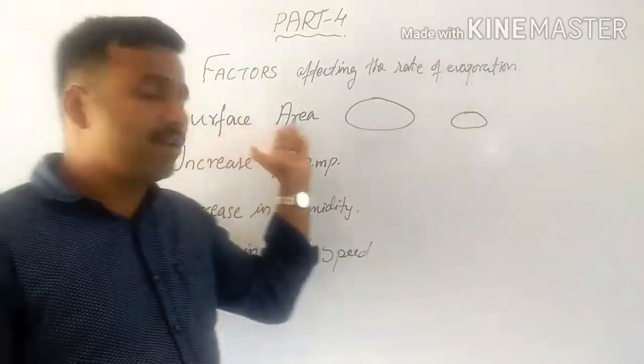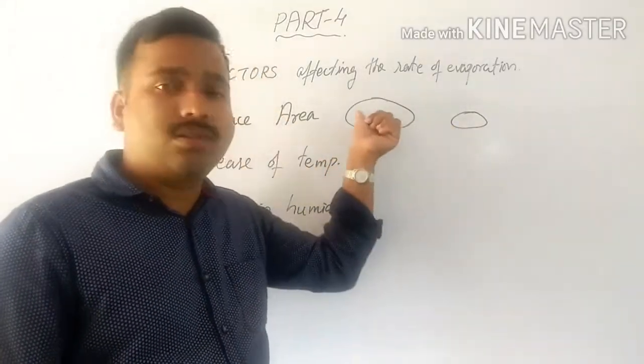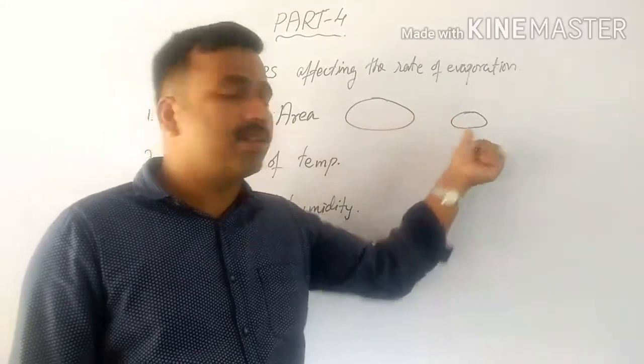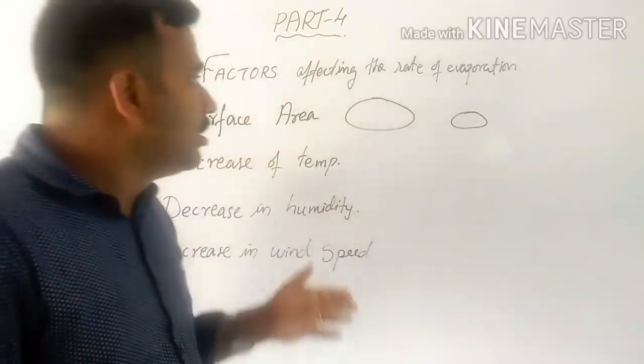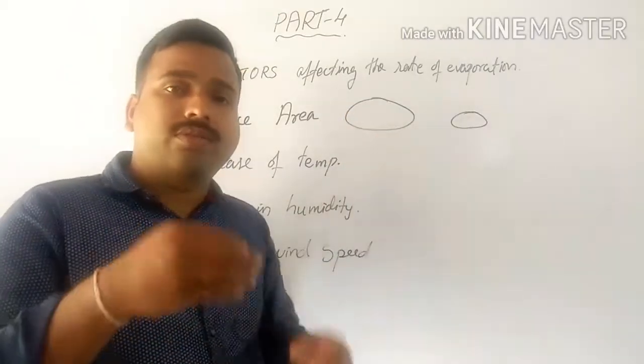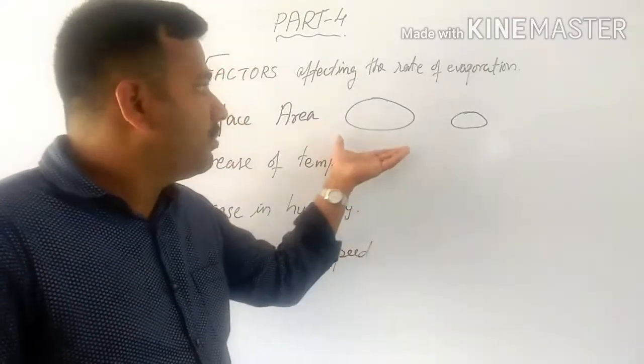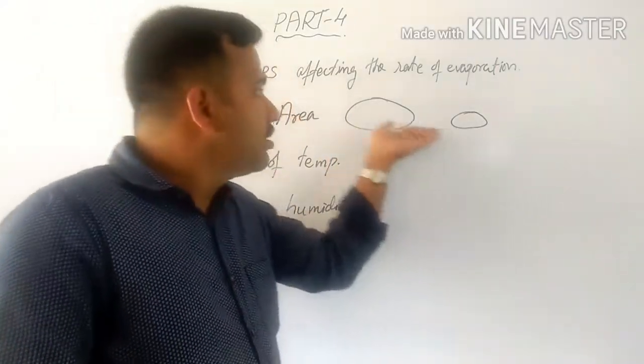Number one, surface area. Suppose you take two bowls, one of larger surface area and another of smaller surface area. If you keep these two bowls with the same amount of water under a tree, what will happen after a certain time?